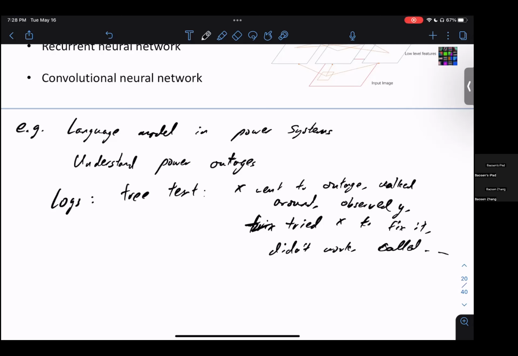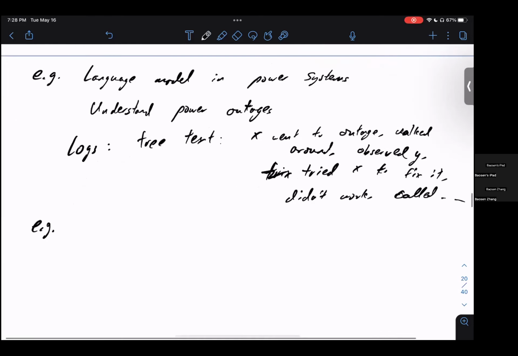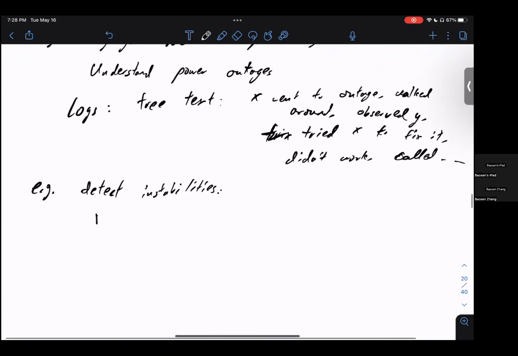You can have a more physics-based application. What you're trying to do is detect instabilities. So if you measure something, this is time, and what we typically measure in a power system is frequency.